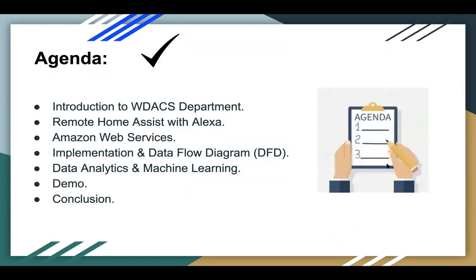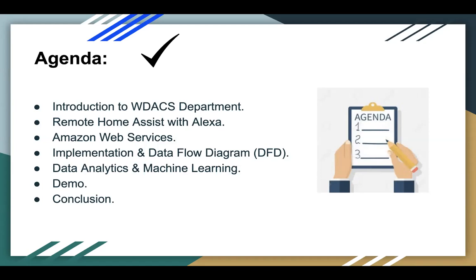So first we will start by introducing the WDACS department, including their main goals and mission, and what their main hope is to accomplish with remote home assist with Alexa. We'll be talking about the various services and libraries we use to create remote home assist, such as Amazon Web Services or AWS, and the various Python libraries we use to implement the machine learning aspect of home assist.